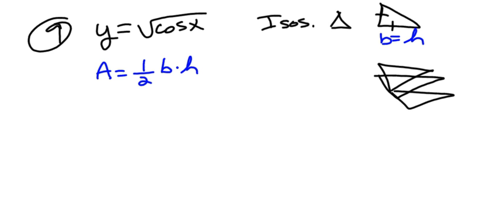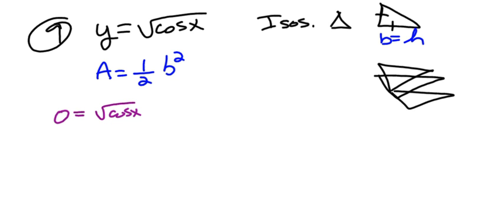So if that's the case, I really could use basically b squared. Makes it a lot easier to calculate, and I don't have a height to try to go find. So then when I need to find my bounds, I'm basically trying to find when the square root of cosine x is going to be equal to 0, where it's going to be crossing the x-axis.